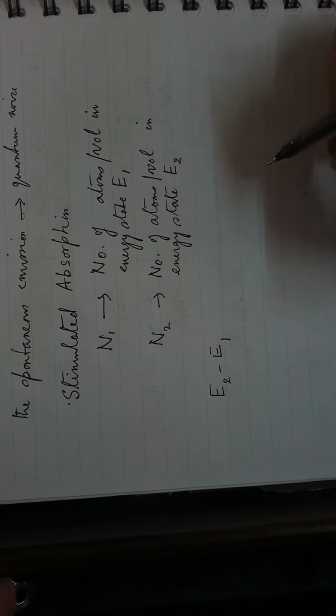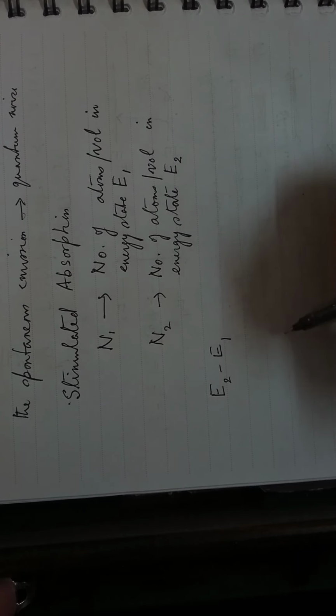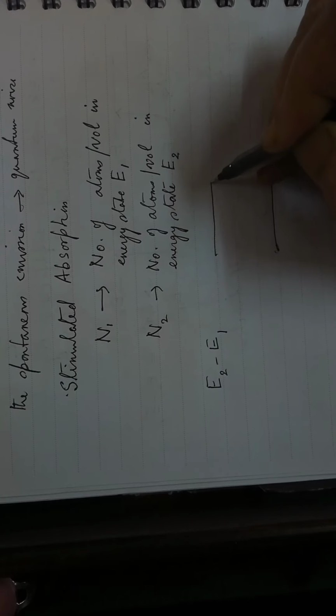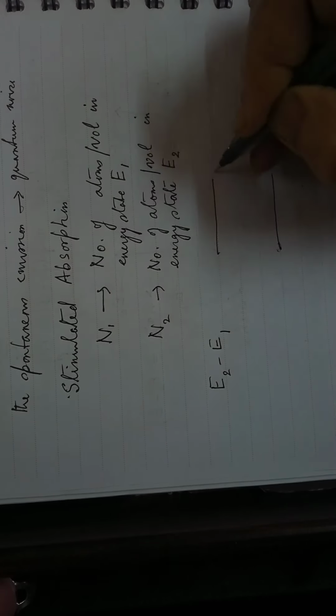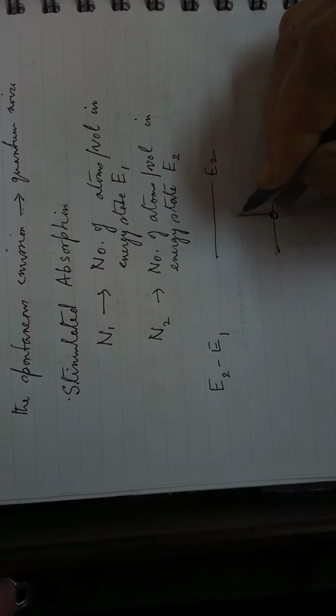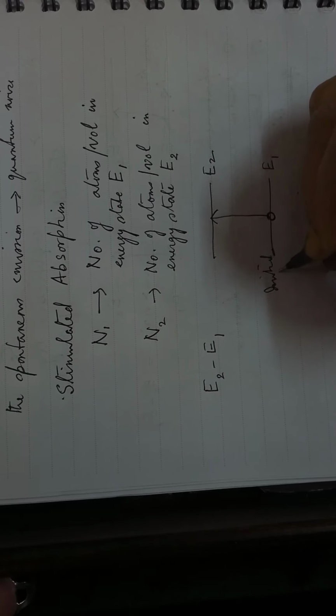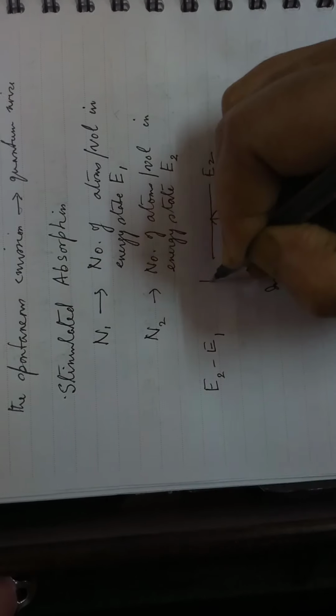Suppose I draw this diagram over here, E1 and E2. The probability of transition of the atom from this state to this state, this is your initial state and this is your final state.